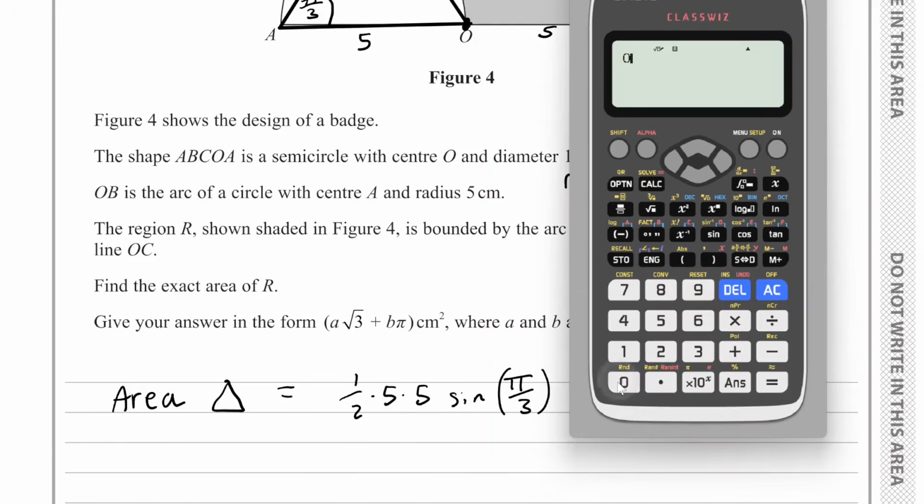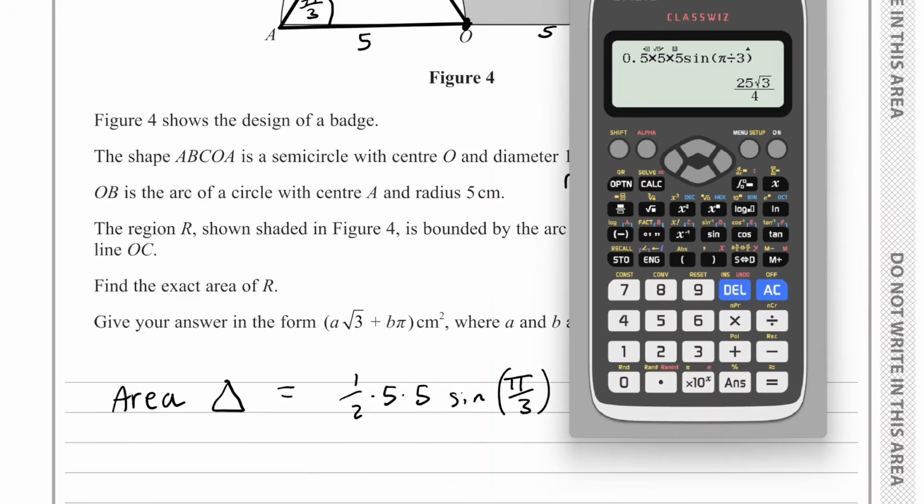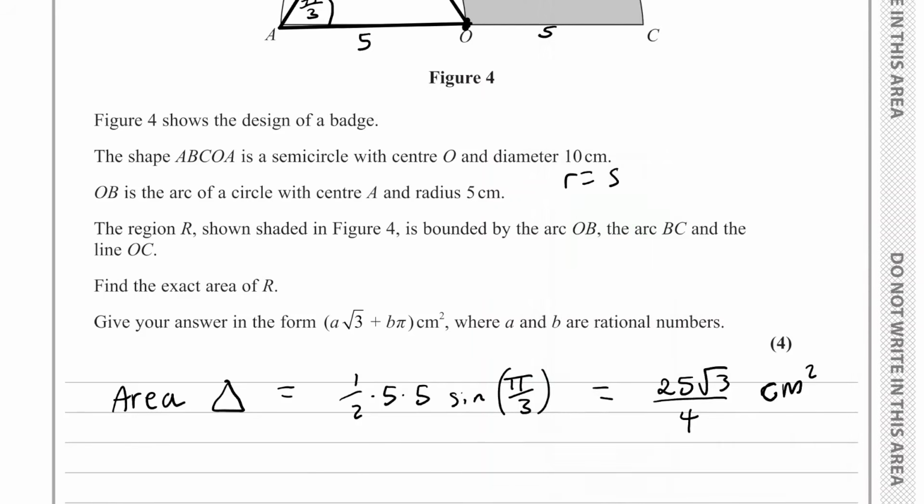We're in radians already. Half of 5 times 5 sine pi over 3 is 25 root 3 over 4, 25 square root 3 over 4 centimeters squared. I'll store that one in the calculator.